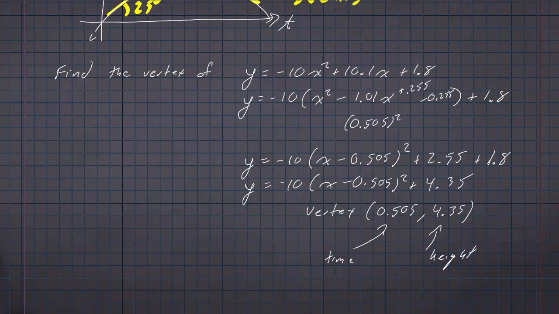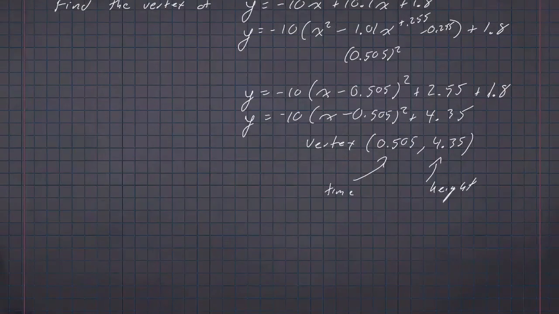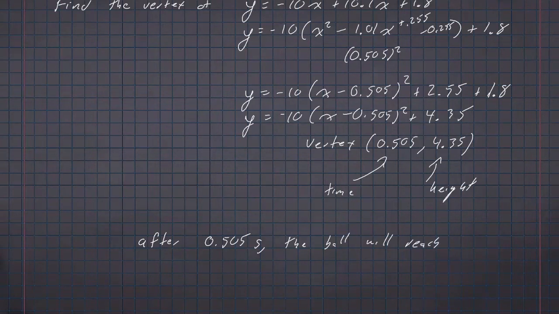So reading this vertex and interpreting it in terms of the situation at hand, I'm going to get that after 0.505 seconds, the ball will reach a maximum height of 4.35 meters, right? Rounded approximately, because definitely those steps we took were not exact values.